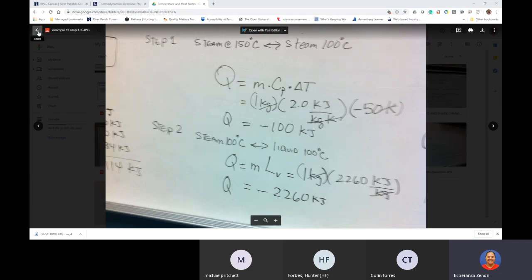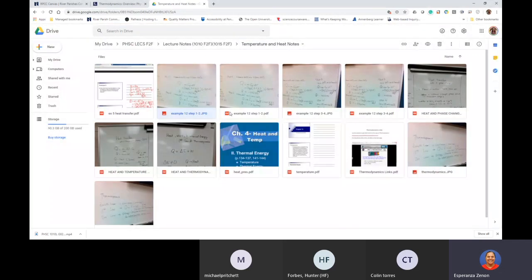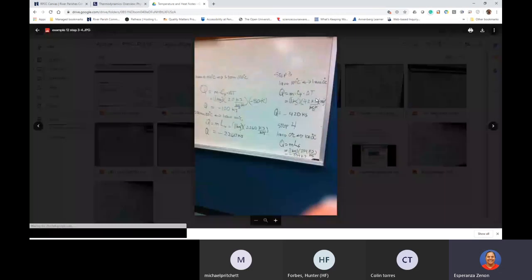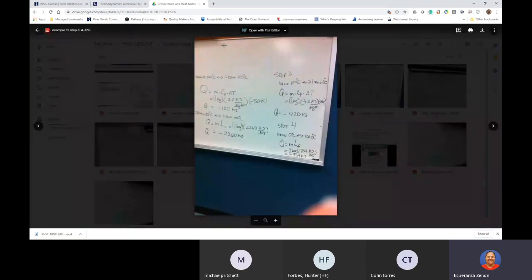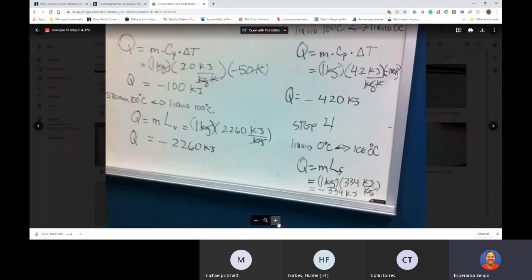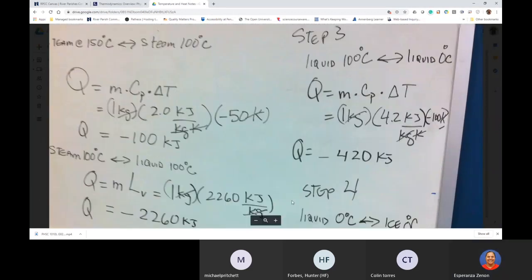So let's do the steps that we need to do to ultimately get this material down to ice at 0 degrees Celsius. So in step number 3, we're going to take our liquid that is at 100 degrees Celsius and convert it to liquid at 0 degrees Celsius.